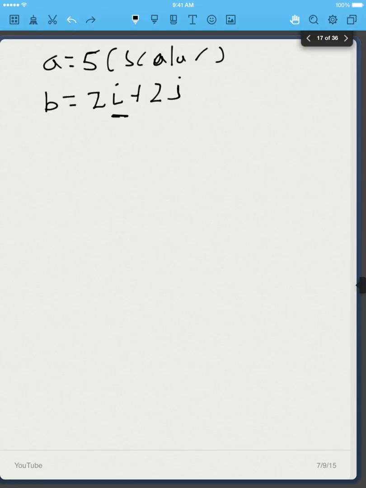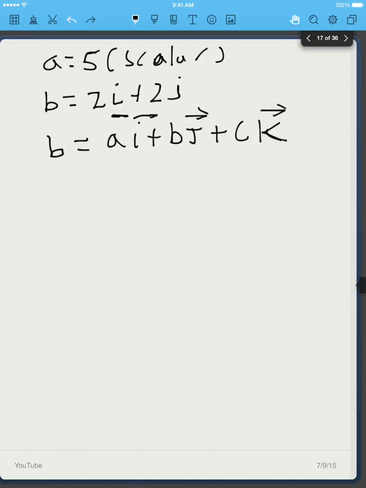A good way to represent vectors, at least up to the third dimension, is ai plus bj plus ck, and we like to write arrows over these i, j, and k because they denote direction. In the case of a two-dimensional vector, we have some vector here, which we can denote a and b because it only has two components.